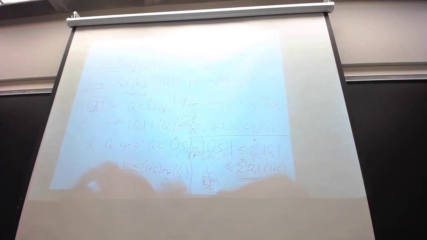Because now I want to subdivide whatever these rectangles were that covered Q into pieces that cover Q, and then just add the finite number of pieces. So this inequality is the argument on rectangles. We only have finitely many. Each one is at most the size of Q times 1 plus epsilon. Now I throw in all the other Q's just for free by positivity. This is the infimum.